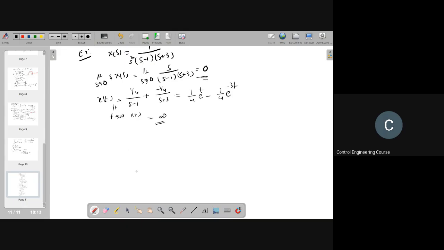Now we'll go on to solve some more problems on finding system responses. Last week we found how to find the system response using the convolution integral, right? Now we'll find the system response using the Laplace transform.